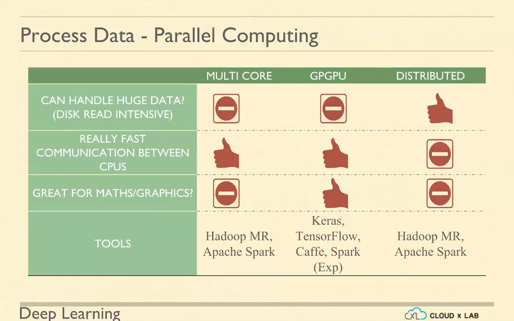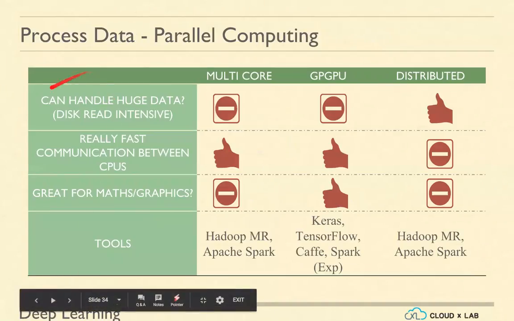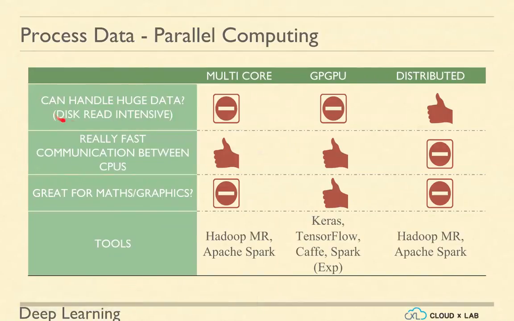The third one is distributed. When you have a lot of data and the disk speed is really the bottleneck, then you generally need a distributed system. So here is a differentiation. If you want to handle huge data, which means it is going to read data from disks, then distributed computing is the way to go.